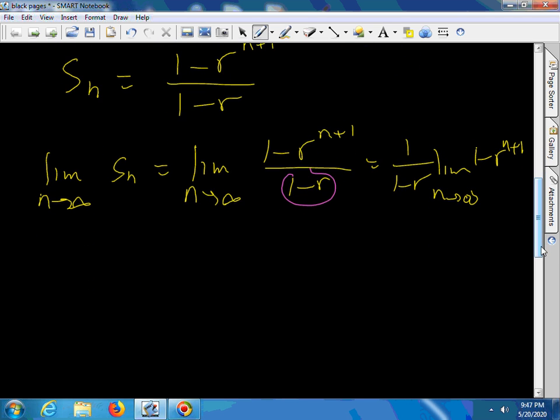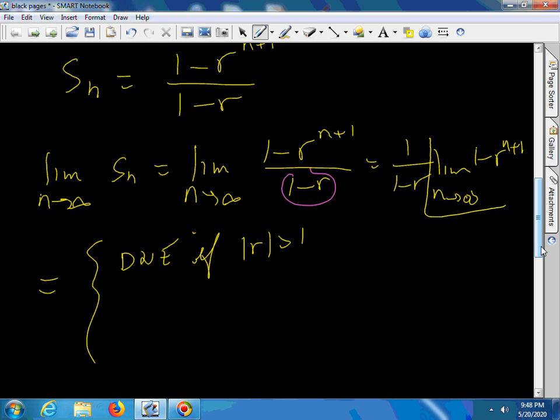Now, we are going to get two answers. I claim we are going to get that the limit does not exist if the absolute value of R is greater than 1. And the reason is this limit won't exist because you're going to have 1 minus R to the 7.